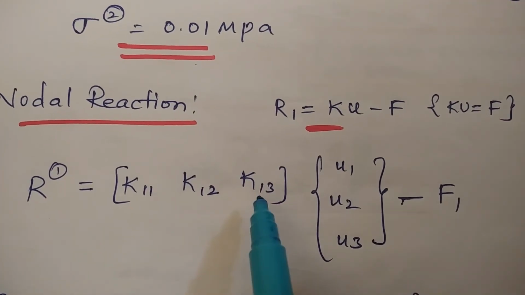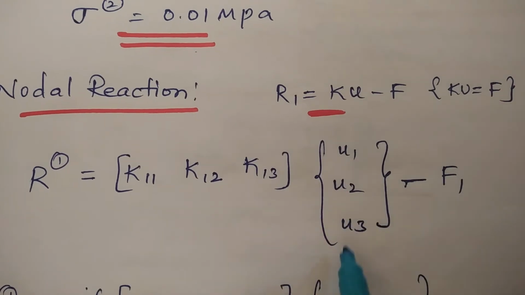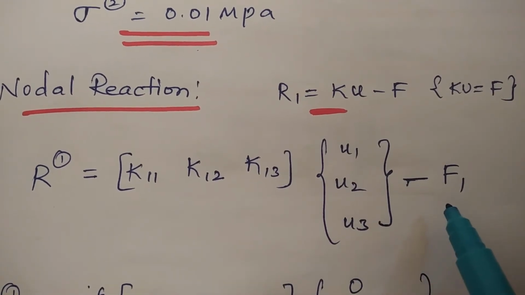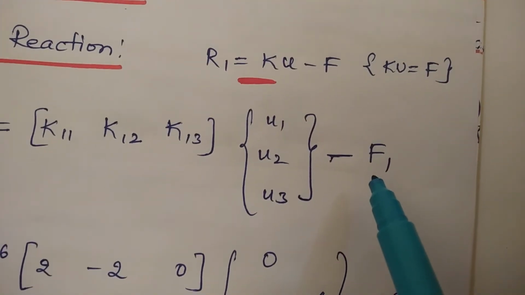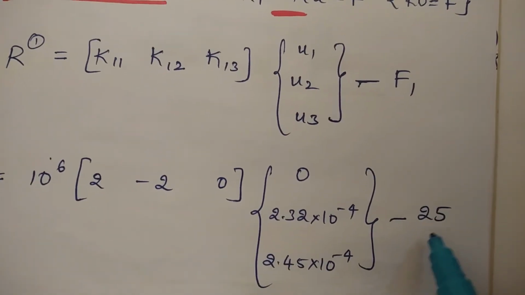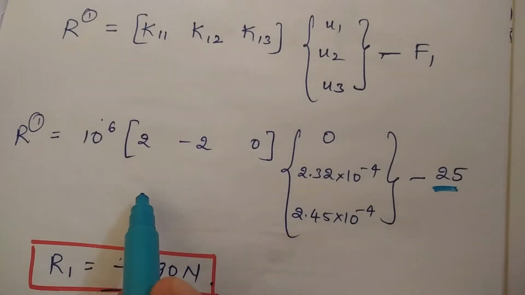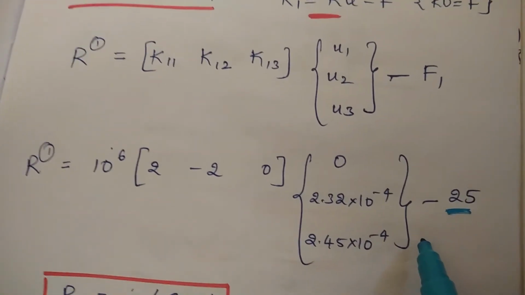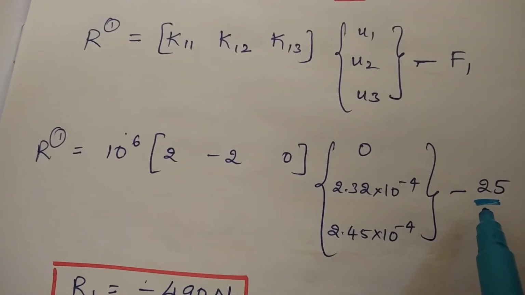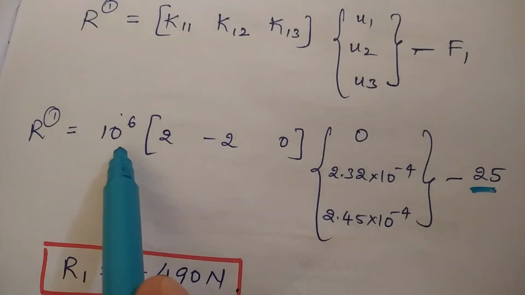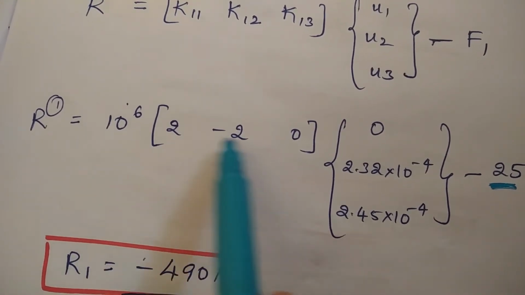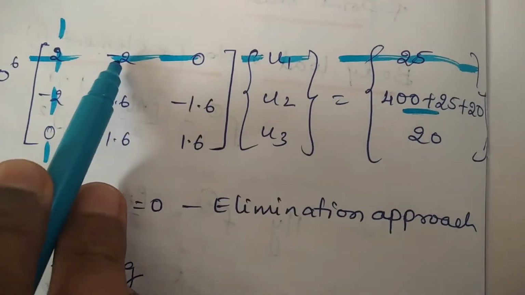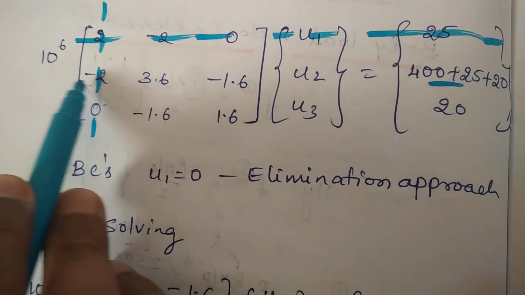So I will take the first row stiffness values multiplied by the entire displacement values minus the load at point number 1, which is 25. In fact, in this problem it is 25, since a body load is mentioned, we have already calculated what is the value at node number 1. Now if you substitute this 10 raised to 6, which is common, 2 minus 2 0, have a look into it. 2 minus 2 0, 10 raised to 6.